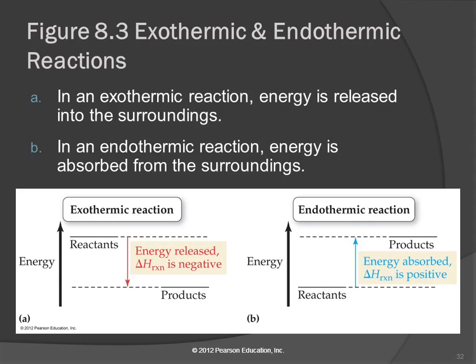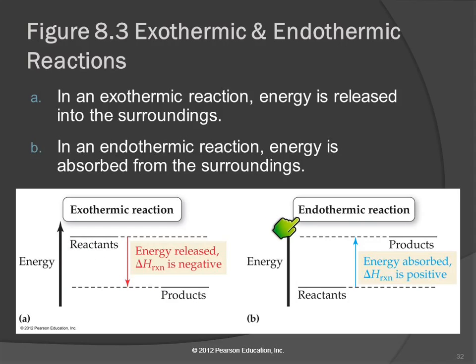And when those bonds are broken, that energy can be released. So in an exothermic reaction, the reactants start out with higher energy, and in the process of the reaction, they release some of that energy as heat, and then the products have lower energy. So here, delta H of reaction is negative. Energy was released. The products have less energy than the reactants.